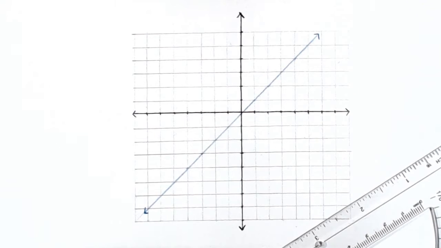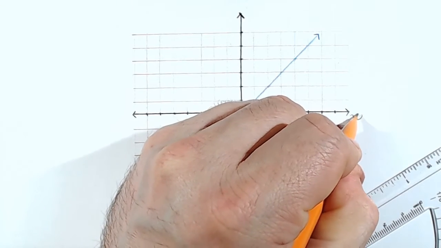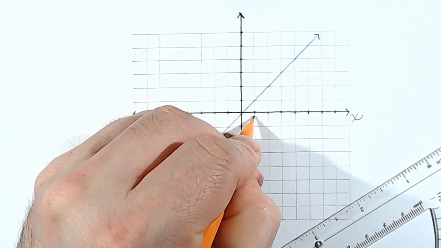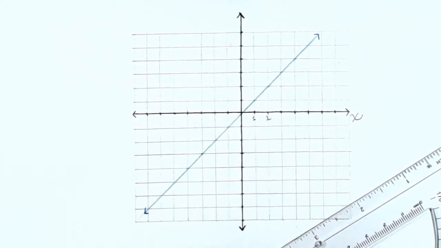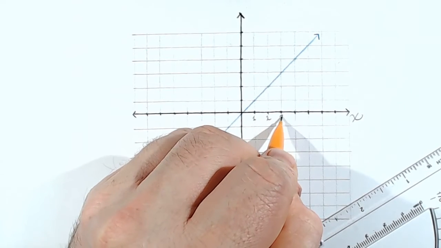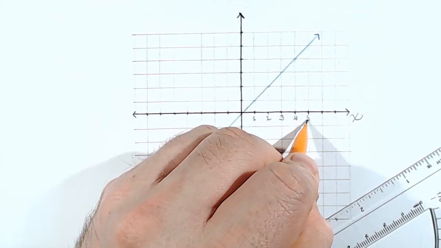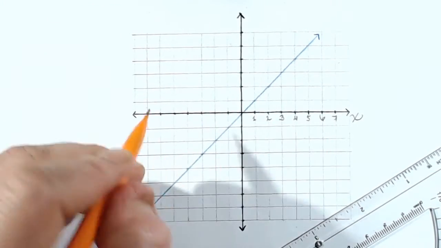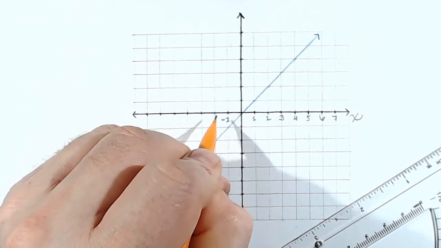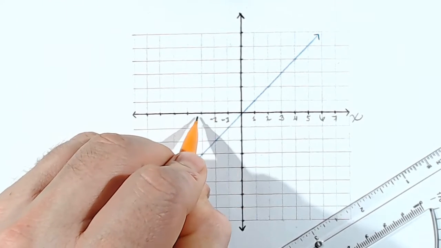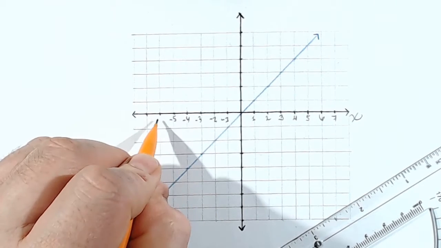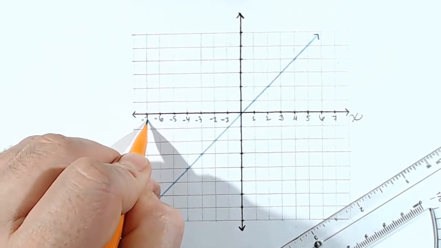Okay, so these values here are the x-axis values. These are the x values. These are the independent values. 1, 2, 3, 4, 5, 6, 7. Same thing on the left side. You got -1, -2, -3, -4, -5, -6, -7.